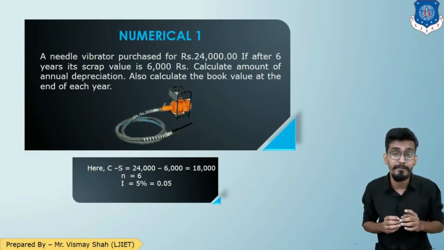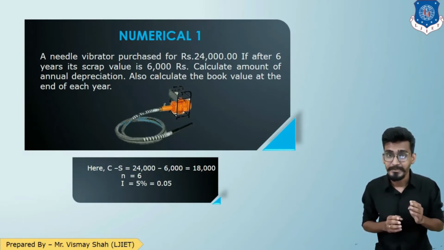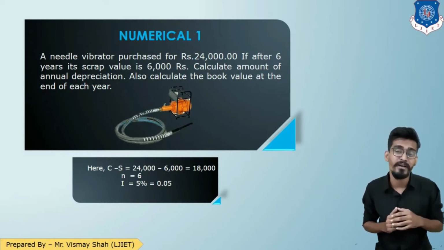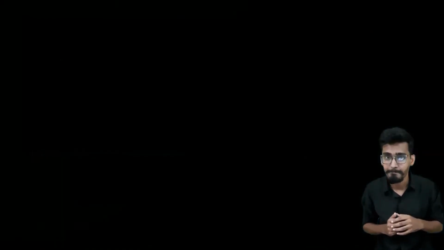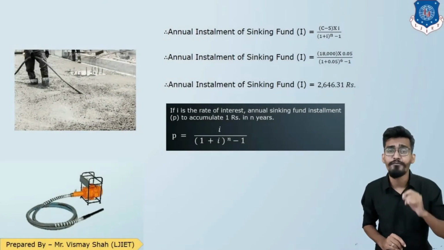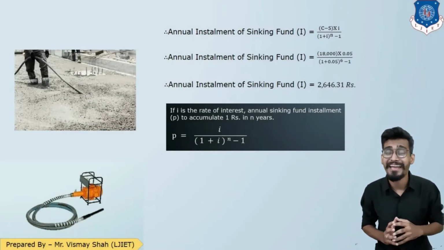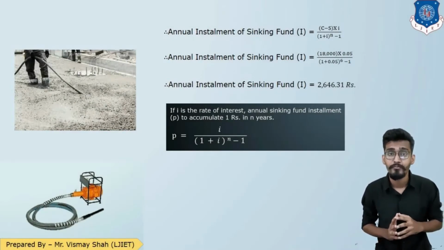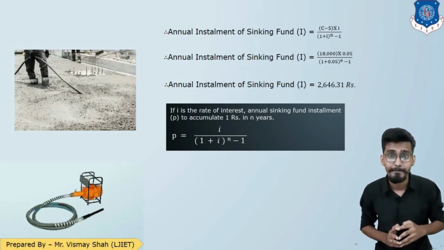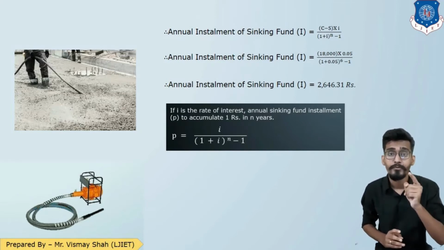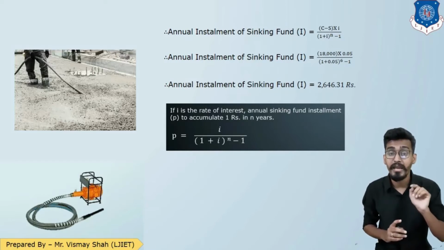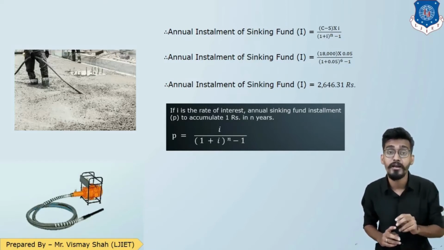So here the given data will be C equals 24,000, S equals 6,000. So C minus S will become 18,000, N is 6 years, and the rate of interest I is 5%. Now, first of all, we need to calculate the annual installment of the sinking fund, which is here I. Now, your textbook represents the sinking fund in two notations.